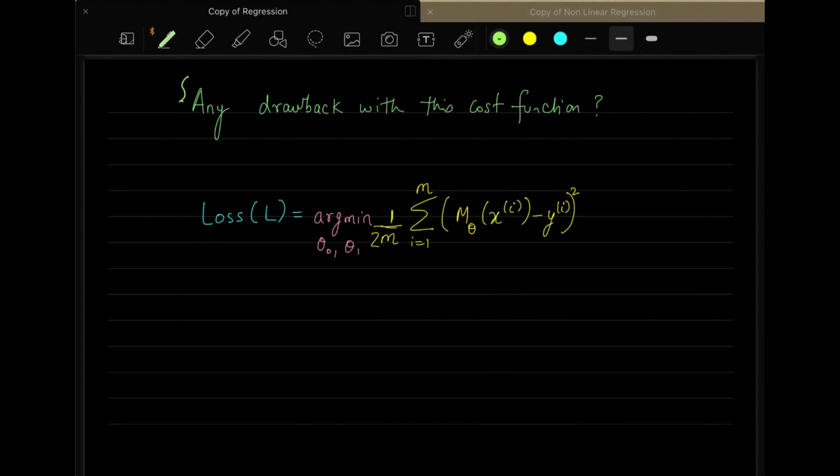It is posing a question: is there any drawback with this cost function? We have discussed this cost function a lot of times now, so you must be comfortable with every element of it. Can anybody tell me if there is any drawback for this particular cost function?